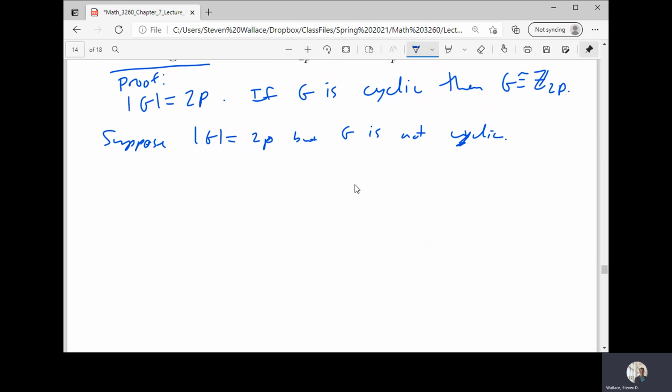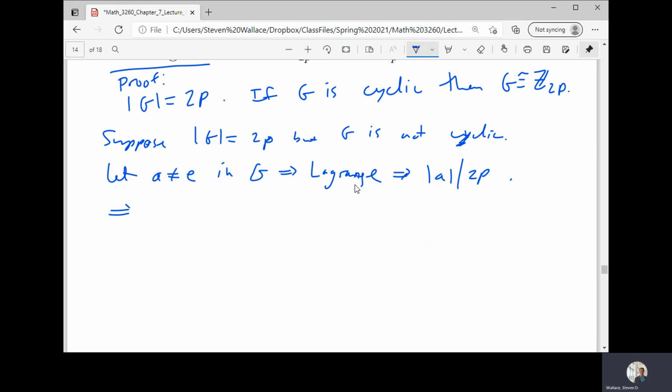Since there are no elements of order 2p, let A be a non-identity element in G, and then Lagrange's theorem, or a corollary to it, implies that the order of A must be a divisor of the order of the group.